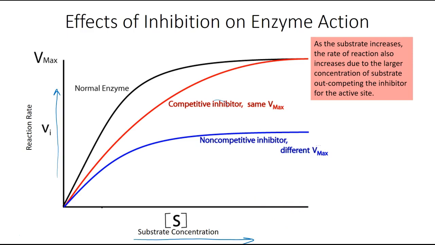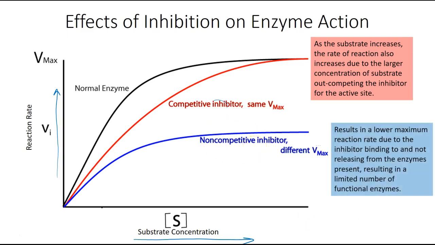If you are to compare that with non-competitive inhibition, the non-competitive inhibitors are going to cause the enzymes to actually stop working, and because we are changing the shape of the enzyme, you're not going to release the inhibitor from the enzyme, therefore rendering several of the enzymes useless.